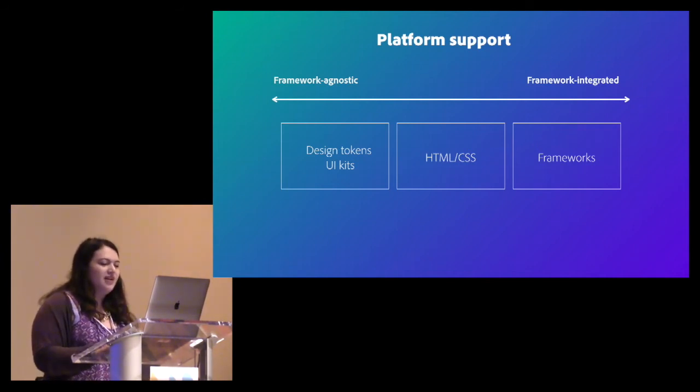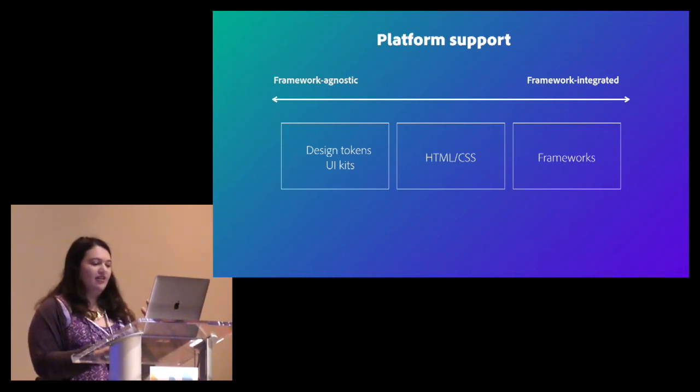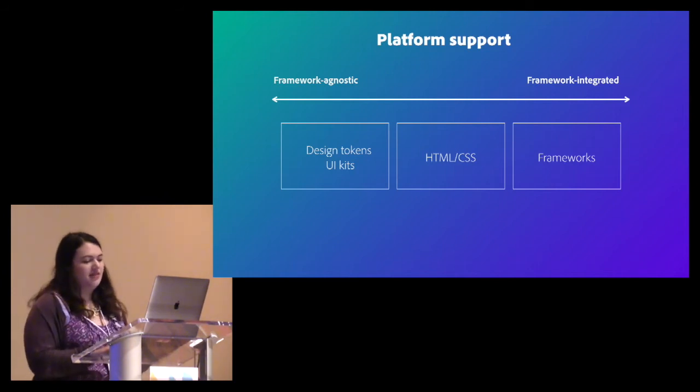And depending on the company and depending on your needs, we have things that aren't tied to certain tech stacks, so things like your UI sticker sheets that designers use to compose their mockups and design tokens, which are essentially variables that design controls.